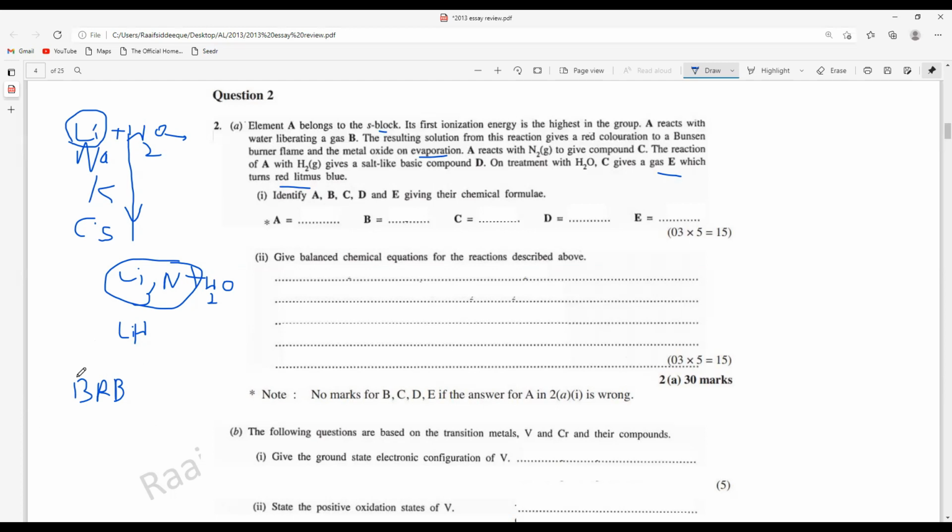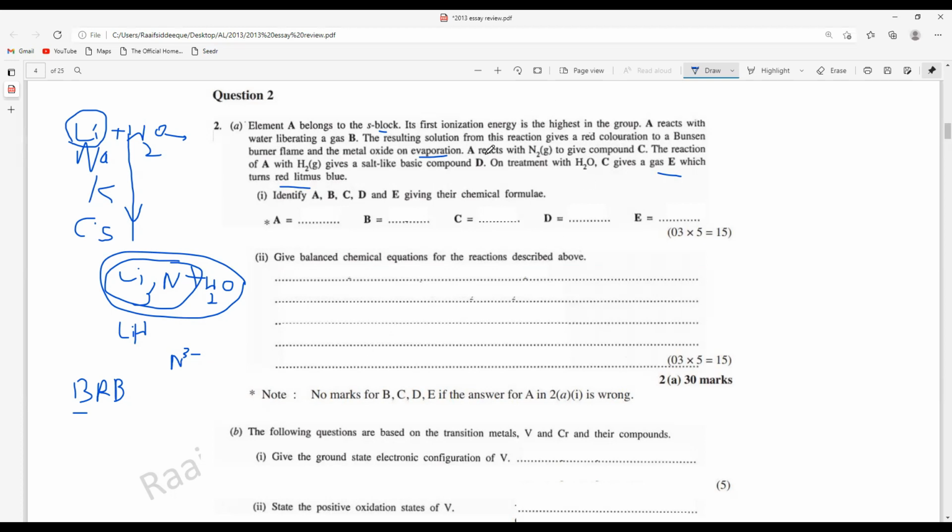So this turning red litmus blue means gas E is basic. But you don't even need to know that, because if you remember the ions we discussed that give gases with water, this is the N3 minus ion. N3 minus ions with water will give ammonia gas, right?